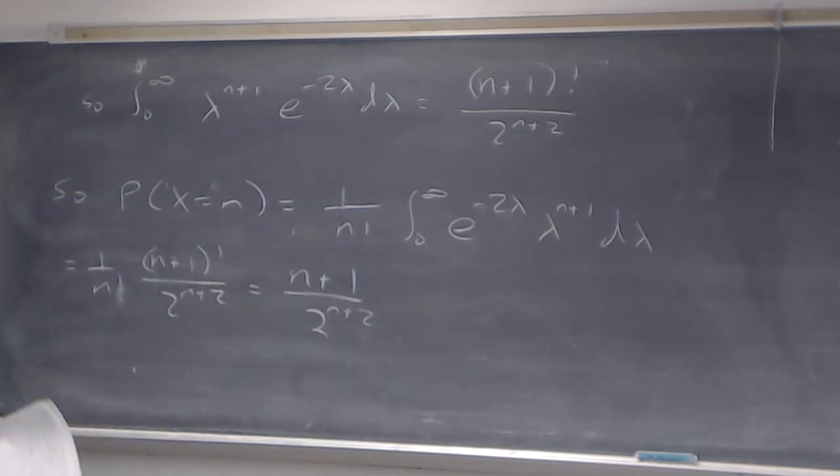And that's the probability that a randomly selected policyholder will have n accidents in that year. That's what we get.